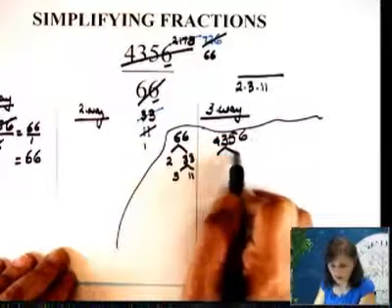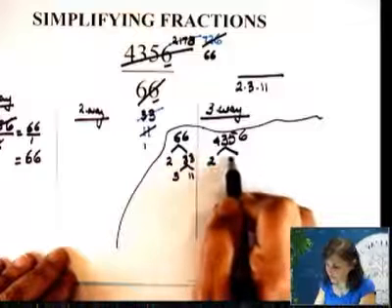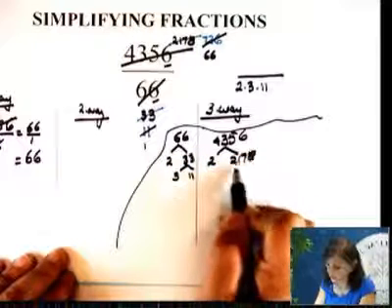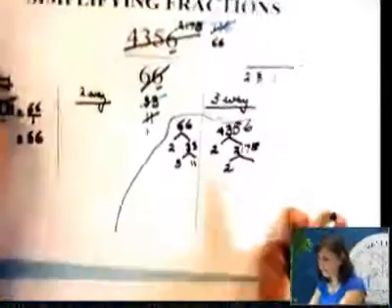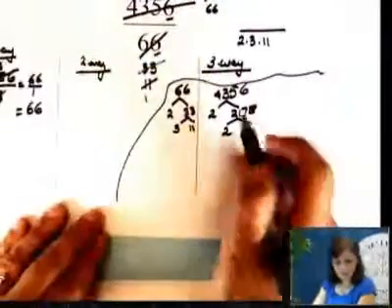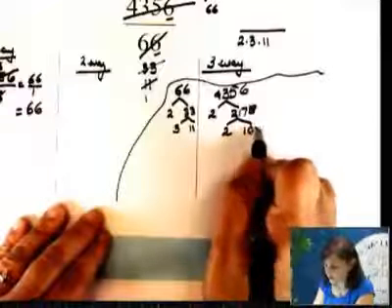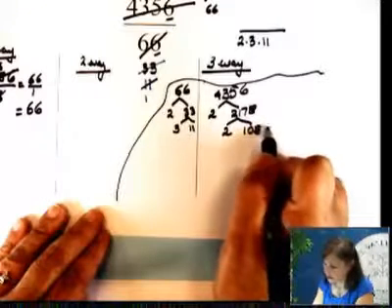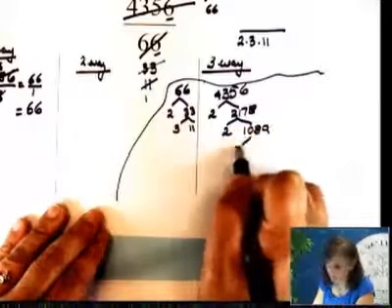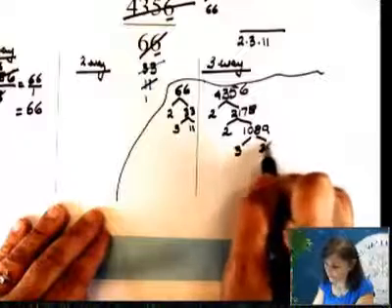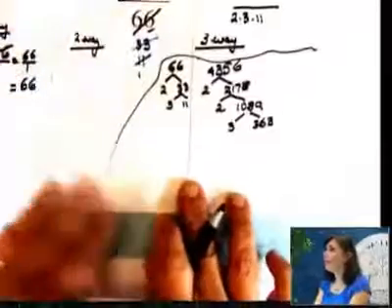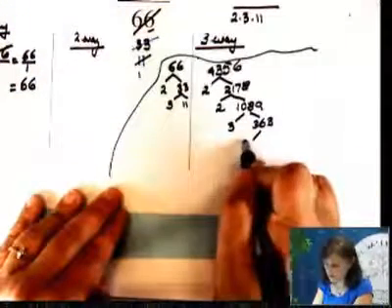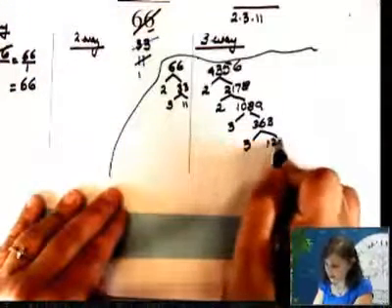4,356. Divide that by 2. Divide this by 2. Divide this by 3. I need more and more room. Divide this by 3 again.